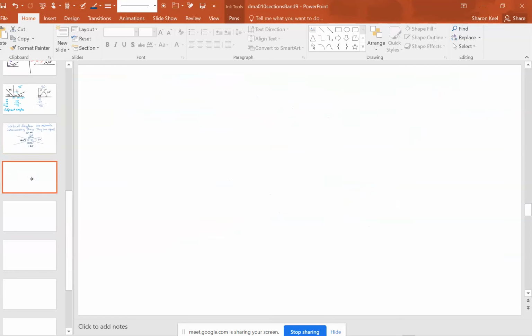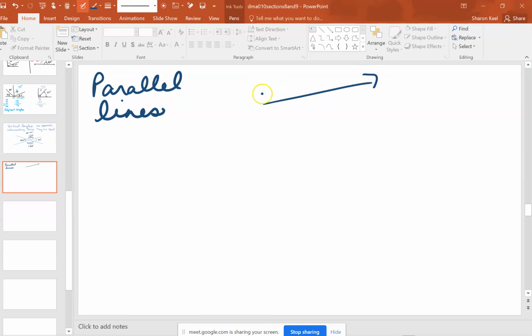We still have more language, more vocabulary. If you turn over to page 151, you're going to see some more additional language that we need to know. Parallel lines. Parallel lines are in the same plane and they never intersect.